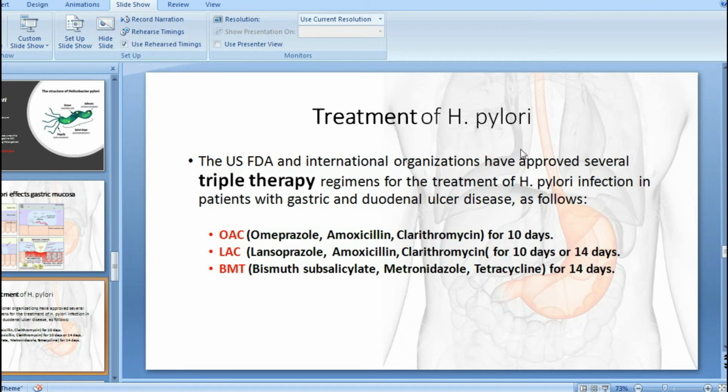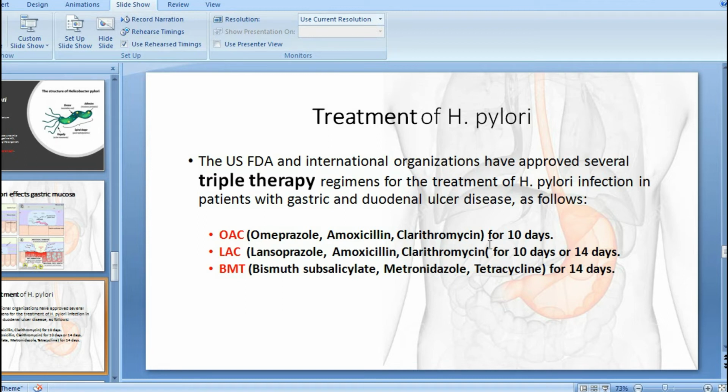The US FDA and international organizations have approved several triple therapies for the treatment of H. pylori infections in patients with gastric and duodenal ulcer disease. Number 1 is OAC. O stands for omeprazole, A stands for amoxicillin, and C stands for clarithromycin.